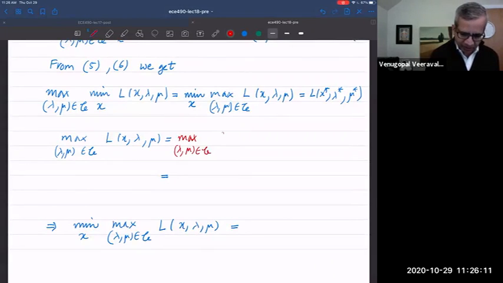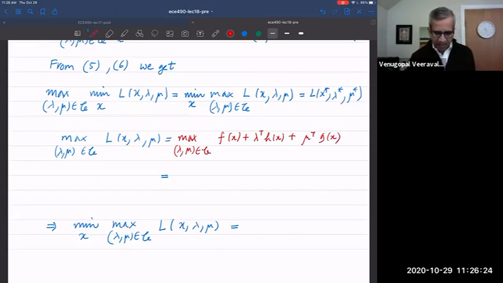Let me write down the Lagrangian. So it's f of x plus lambda transpose h of x plus mu transpose g of x. Okay, so now let's look at this quantity here.